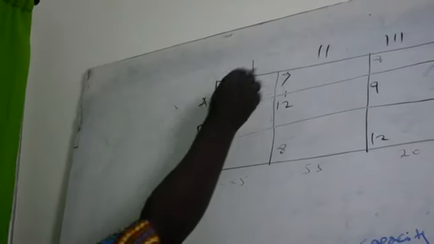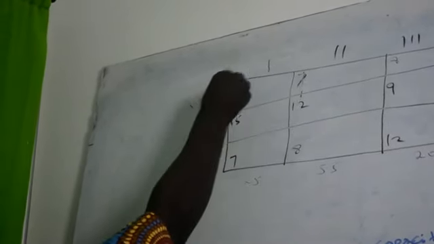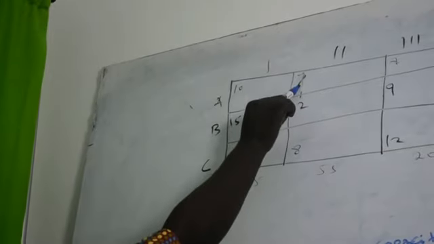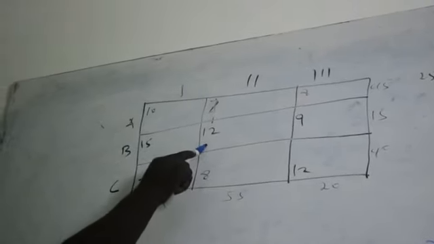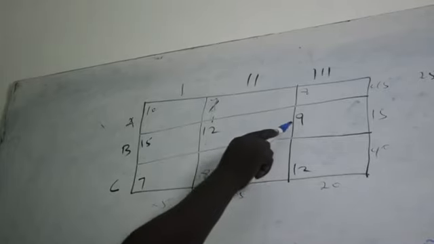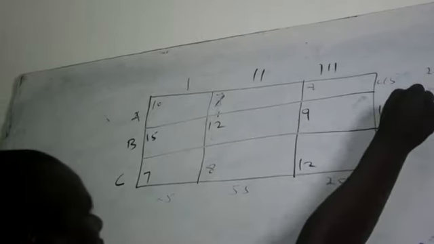Now, we are using the Vogel method. If you want to use the Vogel method, you are going to add these numbers in the cubes. So for example, there we have 10 plus 7, that's 17, plus 8, that gives you 25. This one, 15 plus 12 is 27, 27 plus 9 is 36.